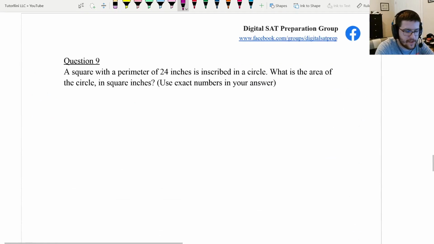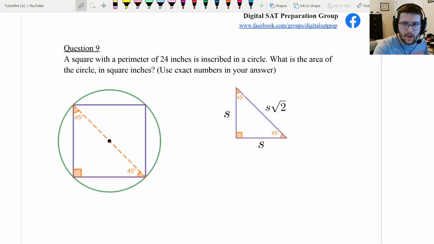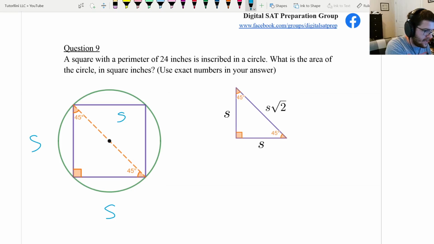Let me pull up the figure for this one too. Okay, so right away we're going to label the sides. So 45, 45, 90s aren't so bad. It's usually pretty clear. Just the sides that are not the hypotenuse are S, and the hypotenuse is S root 2. They tell us that the perimeter of the square is 24 inches.